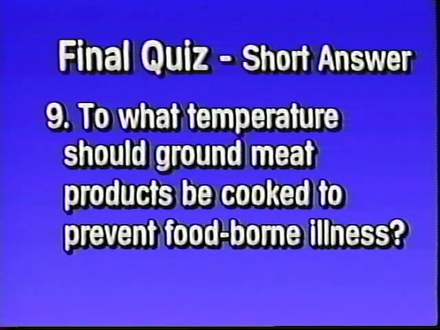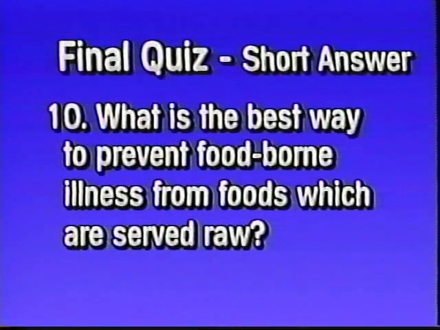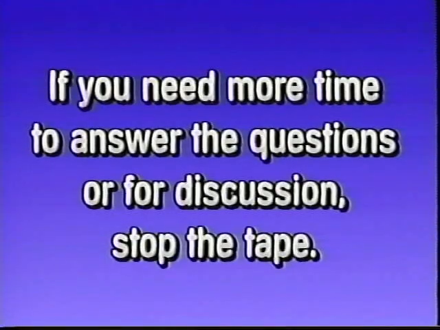Nine, to what temperature should ground meat products be cooked to prevent foodborne illness? Ten, what is the best way to prevent foodborne illness from foods which are served raw? If you need more time to answer the questions or for discussion, stop the tape.